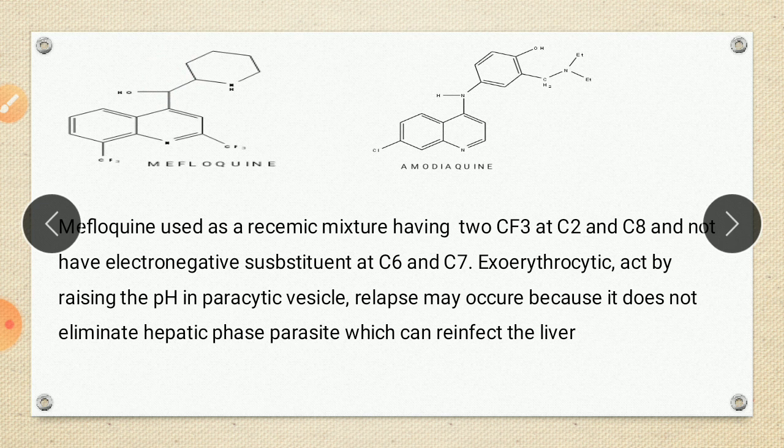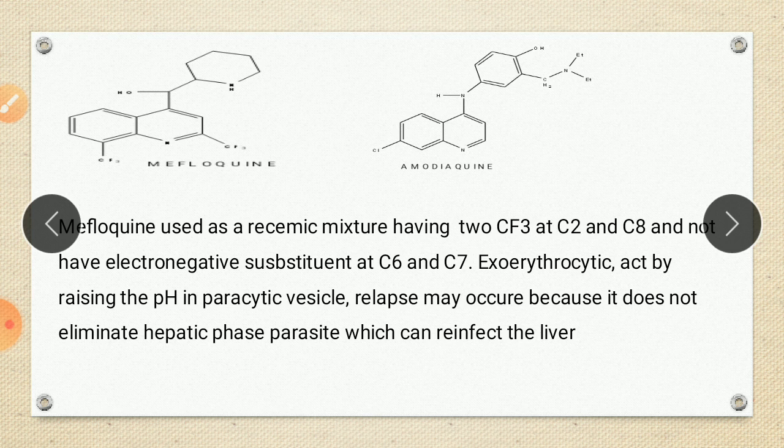Mefloquine is used as a racemic mixture and has 2 CF3 groups at carbon 2 and carbon 8, and does not have an electronegative substituent at carbon 6 and 7. So unlike chloroquine, here there is no halogen.